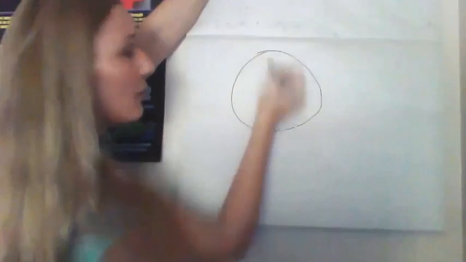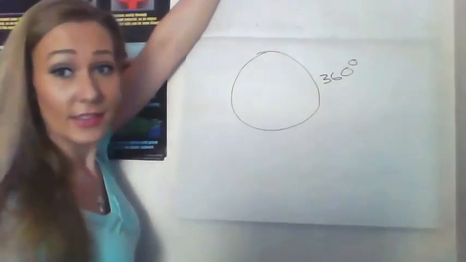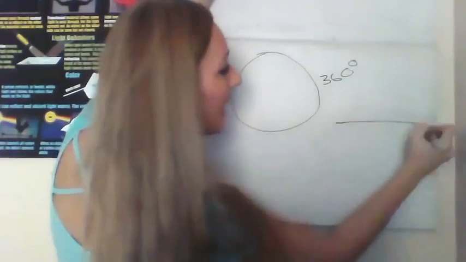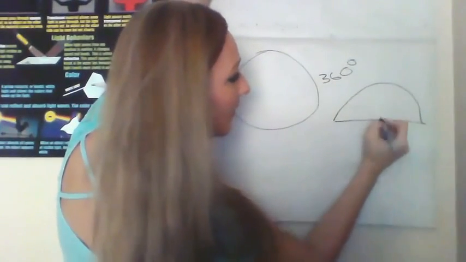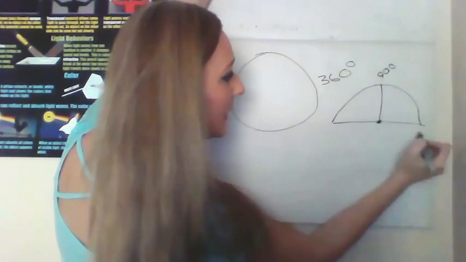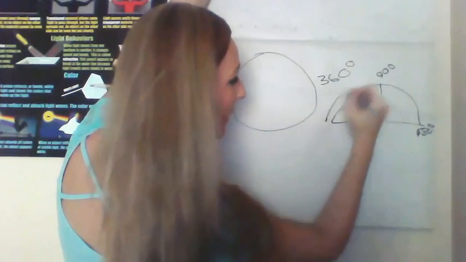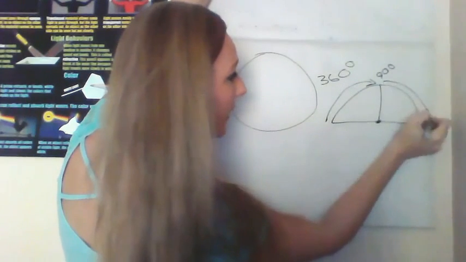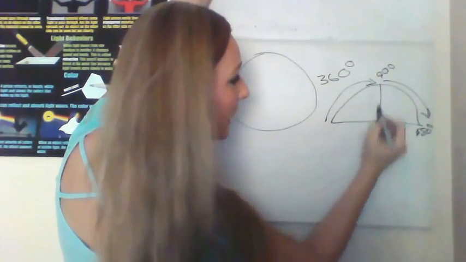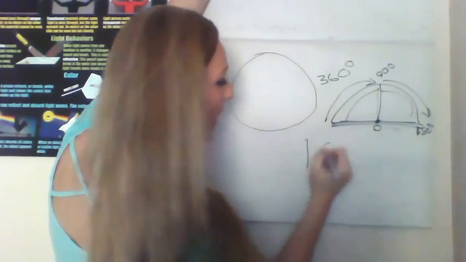So a circle is 360 degrees, right? Now a line, 90 degrees, is 180 degrees. So from here to here, to here to here. Even if you're at 0 degrees, here to here, here to here, it's a line.